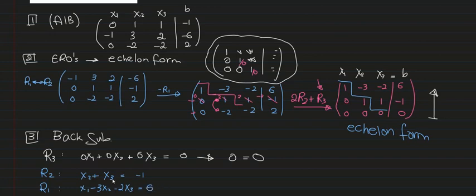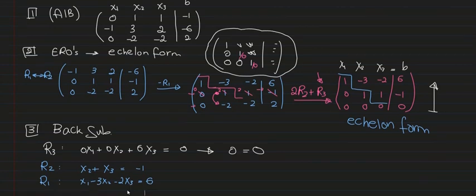Okay, so now we have two equations in how many unknowns? 1, 2, and 3. We know that for solving unknowns, we need the same number of equations as unknowns in order to be able to solve it.